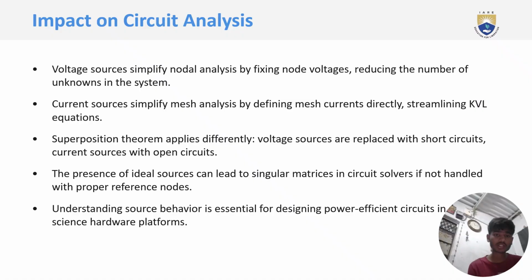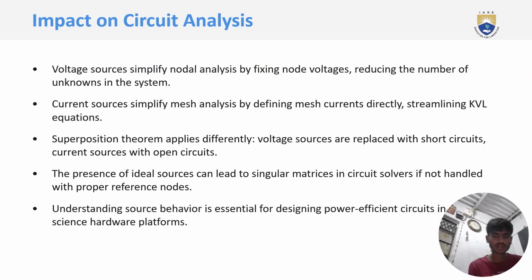Impact on circuit analysis. Voltage sources simplify nodal analysis by fixing node voltage, reducing the number of unknowns in the system. Current sources simplify mesh analysis by defining mesh currents directly, streamlining KVL equations. The superposition theorem applies differently: voltage sources are replaced with short circuits, current sources with open circuits.